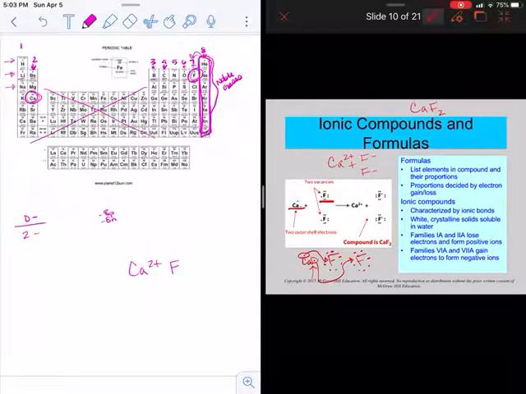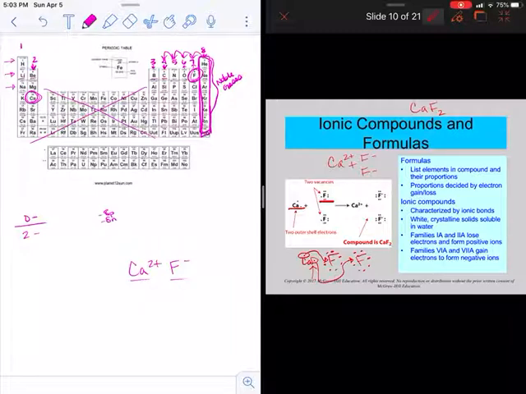But every time you go backwards, so if you go to group 7, then its ion is -1. If you went to the next group, then its ion would be -2. The next group would be -3, and then the next group would be -4. Okay, now remember, non-metals get negatives and metals get positives.